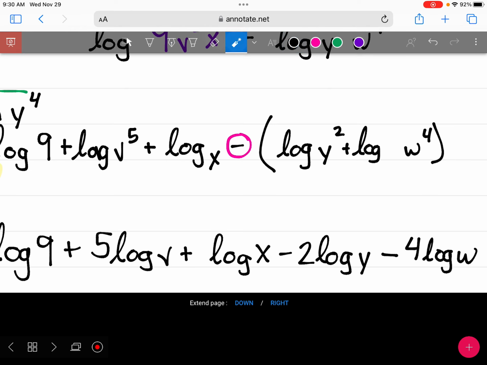Because we have to subtract this whole thing. The whole thing's in the denominator, so they both need to have minus signs. So if you are expanding after a division, I highly recommend using parentheses there.